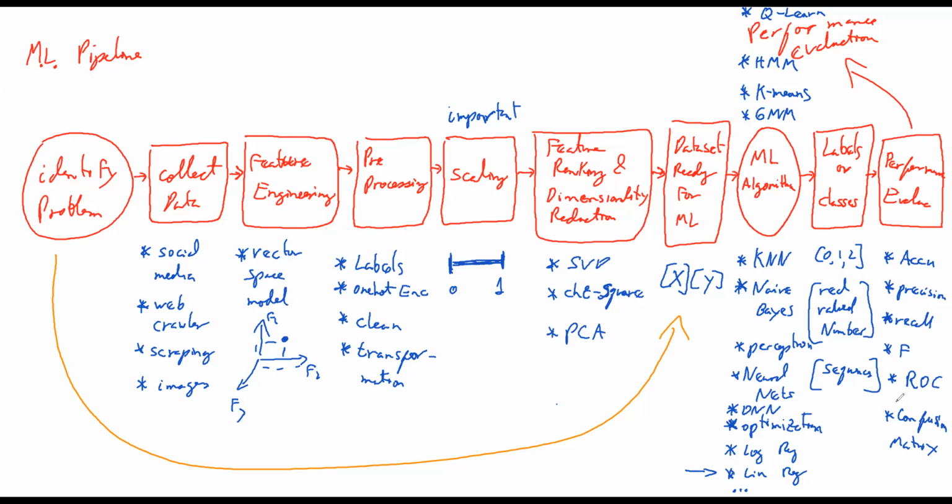Remember this arrow in yellow. We're going to identify some problems, and then we will arrive at these X and Y data sets. So I want you to always think, what is the X? What is the Y? What are the rows of X? What are the columns of X? What are the rows of Y? Obviously, it's a vector, so it only has one column.